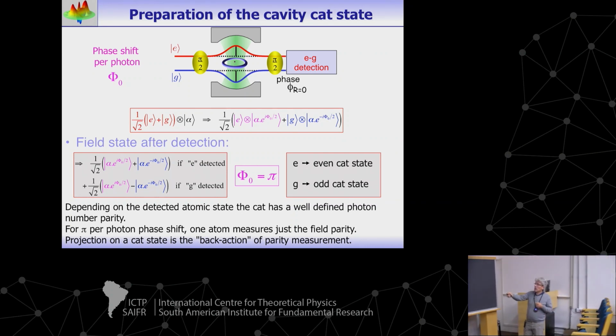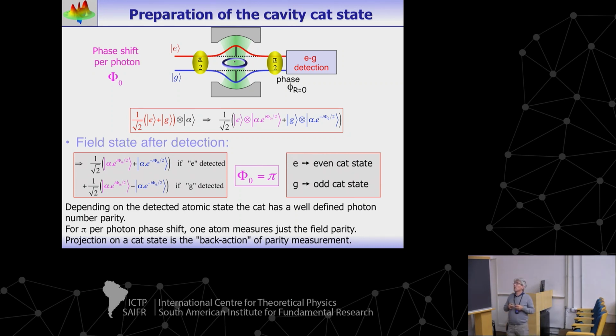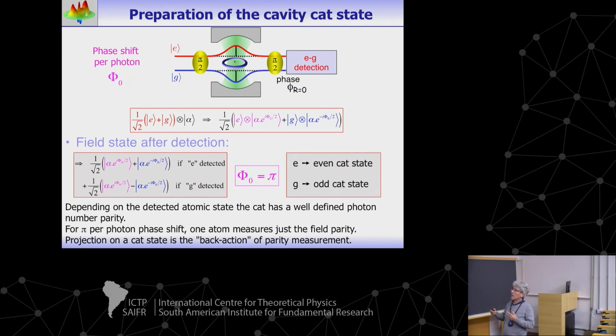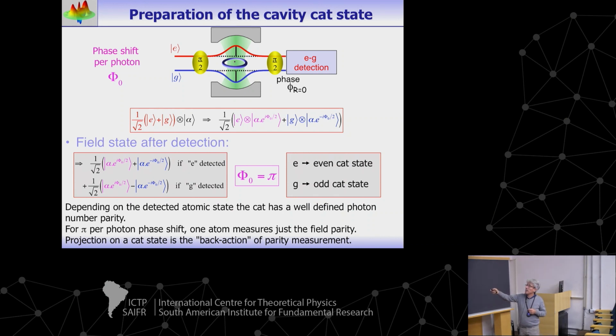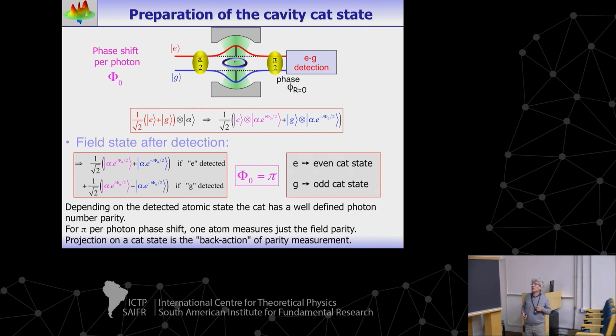So in the experiment, we set the parameter so that the phase shift per photon is pi, so that the two components of the field involved in the superposition have opposite phases. And if the atom is detected in E, we have a plus sign here. And if you look at the photon number distribution of this state, as a consequence of interference between probability amplitudes, these states have only even photon number.